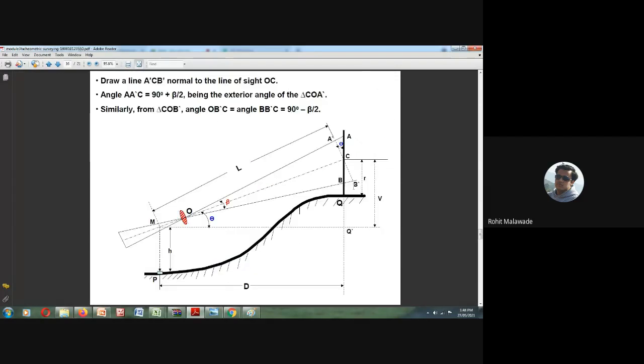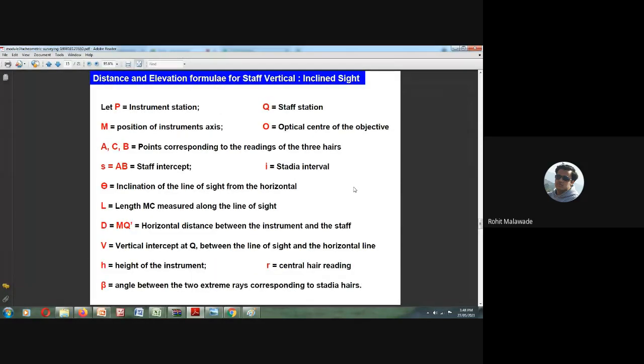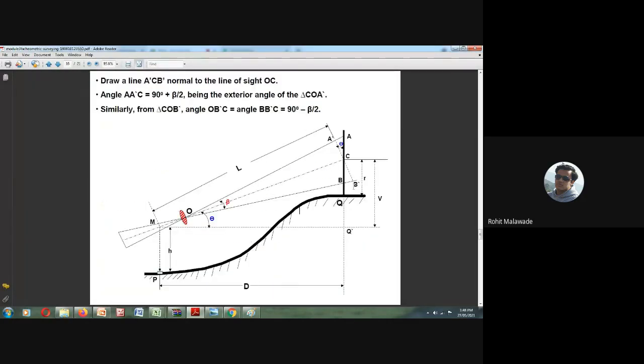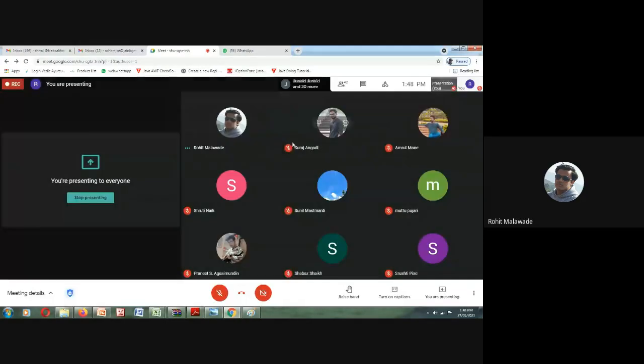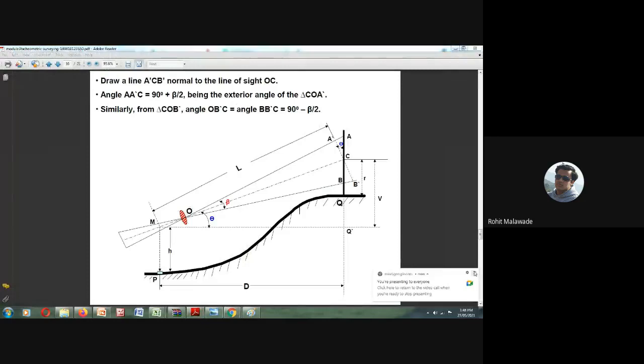Next is angle beta, the angle between the two extreme rays corresponding to the stadia hairs. So this beta is the angle between the two stadia hair readings.